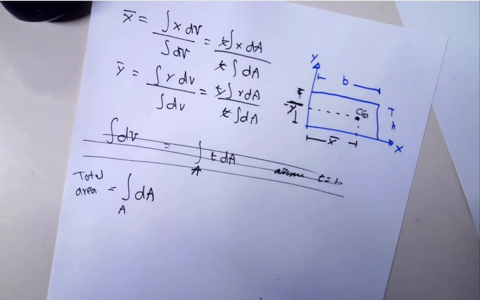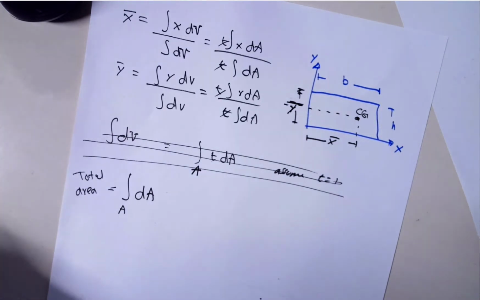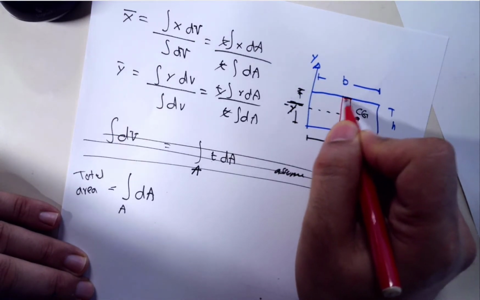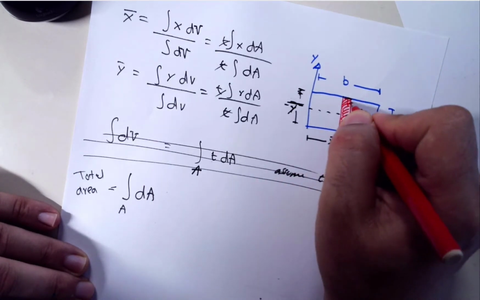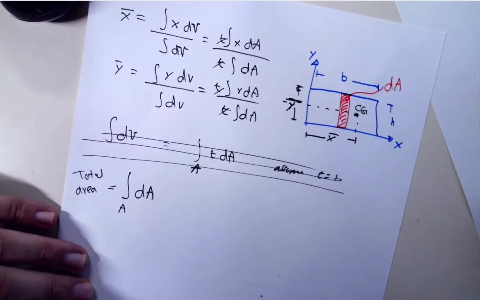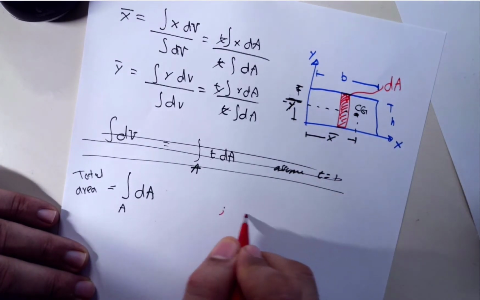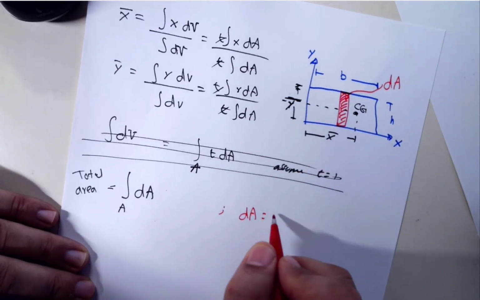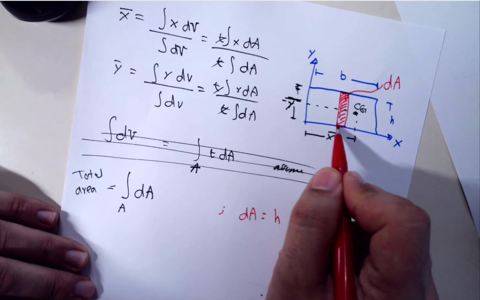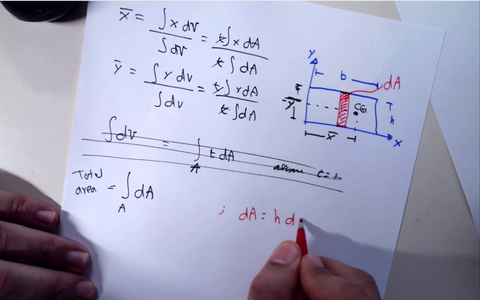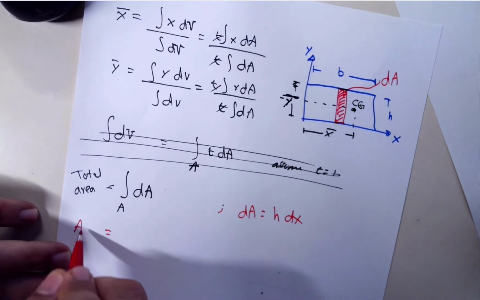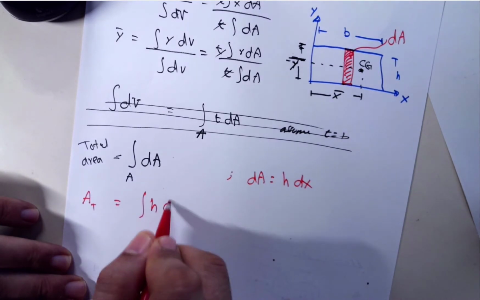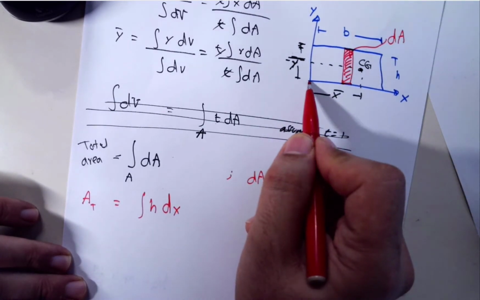So you can say, for example, that I can do the integration of a unit area, call this dA, where dA is equal to a height, which looks like it's constant all the time, so it's h, multiplied by the width, dx. So in fact, the total area here is the integral of h dx, with x from 0 to b.